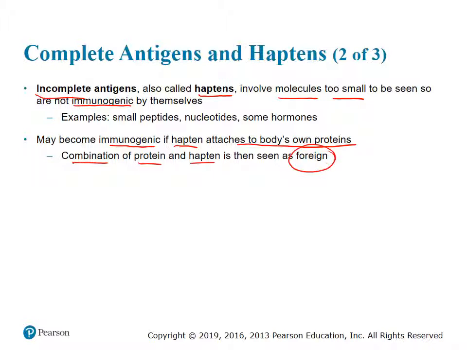So if I write A, and A equals the hapten, this is molecule A and this is the hapten, and B is the cellular protein, and I'll write PRO to represent protein.